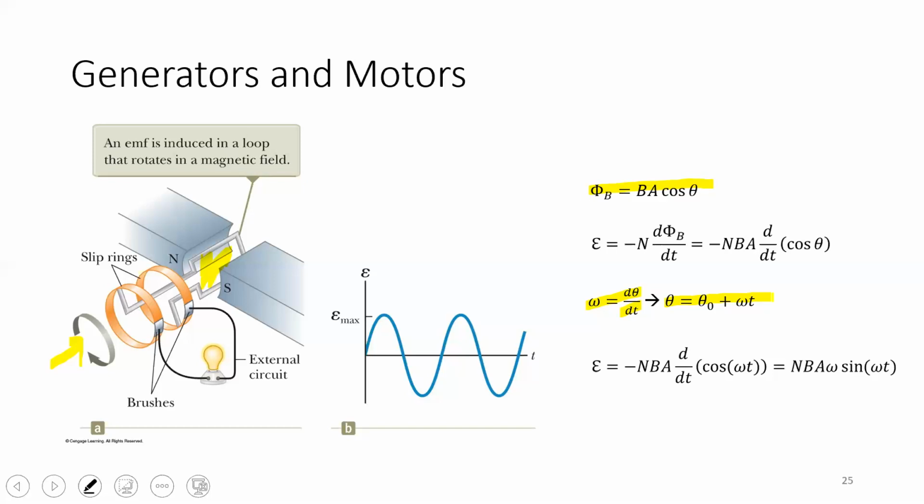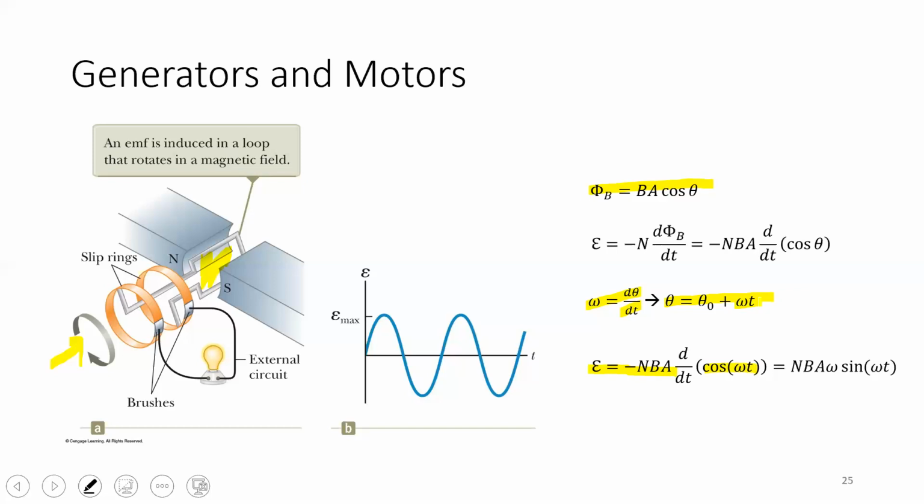So our induced EMF is going to be negative NBA, so N the number of loops, B the magnetic field caused by those permanent magnets, A the area of our loops, and then the time derivative of cosine omega t. That's where this equation above comes in.